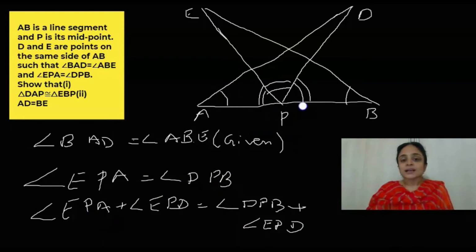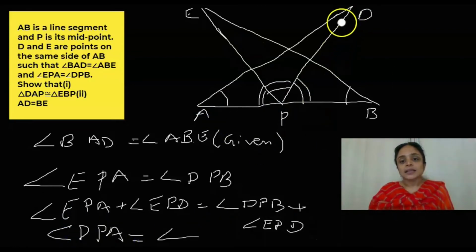Now, what is angle EPA plus angle EPD? It is angle DPA, right? So, this side angle DPA is equal to angle DPB plus angle EPD, which is angle EPB, right?